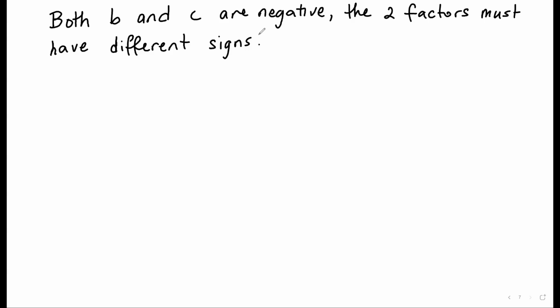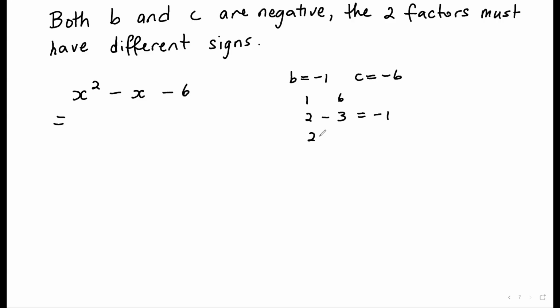So for example, if I had x squared minus x minus 6, in this case, B is negative 1 and C is negative 6. The factors of 6 would be 1 times 6 or 2 times 3. Now, to get negative 6, these will have to be different signs. So I could say 2 take away 3, which gives me negative 1, and at the same time, 2 times negative 3 gives me negative 6.